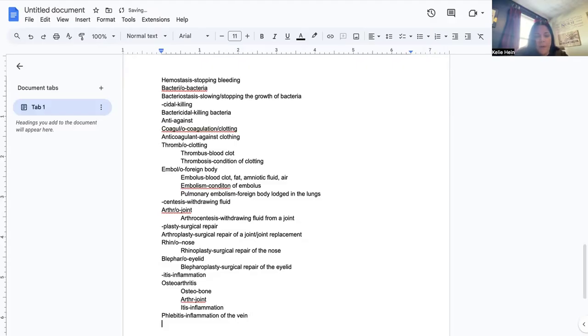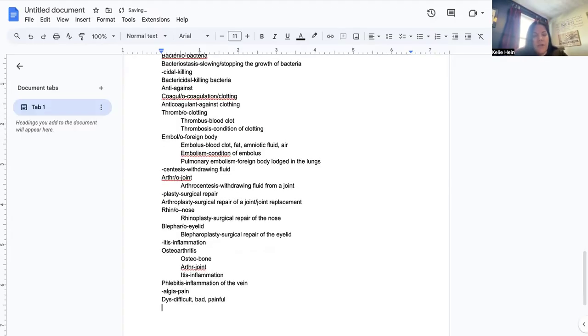It's very painful, which would be algia, pain, okay. You can also have a prefix for that, which would be dys, and this would be difficult, bad, painful, okay. Any one of those things. So if we go way back to the beginning, dyspnea, difficulty breathing.